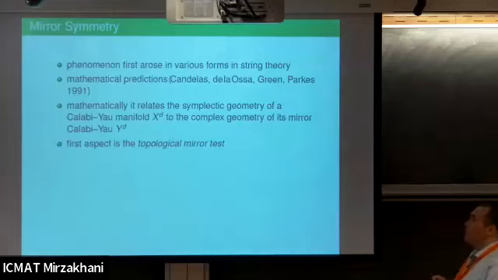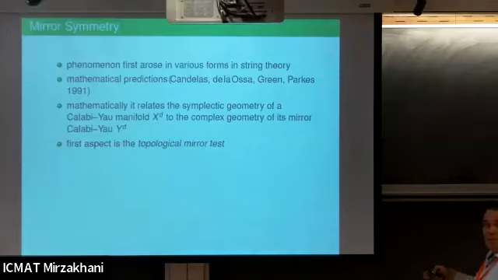Already before these curve counts, which were what hit the mathematical interest, physicists had identified, originally for Calabi-Yau threefolds, that the first and easiest aspect of this mirror phenomenon is the topological mirror test. For them, again, it was Calabi-Yau threefolds in the beginning, and they found several mirror partners which satisfy this topological mirror test.